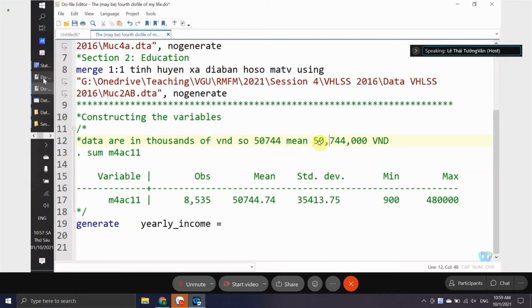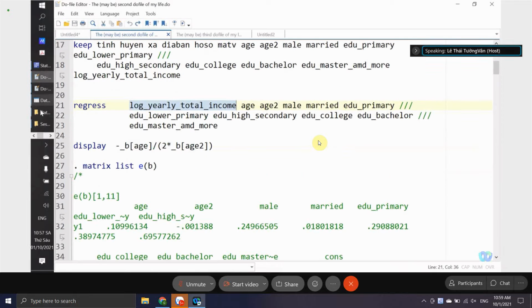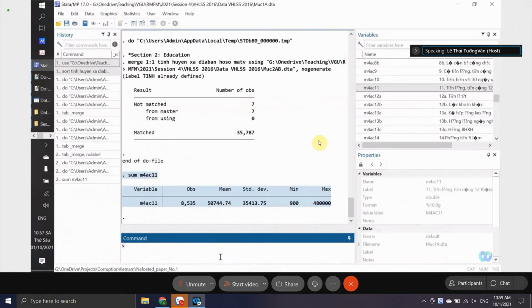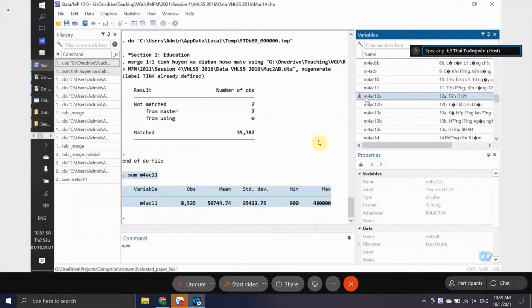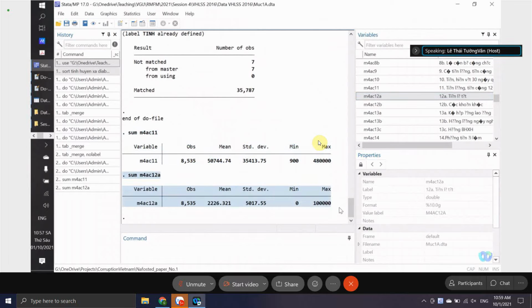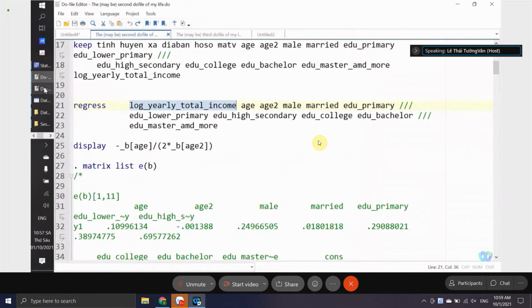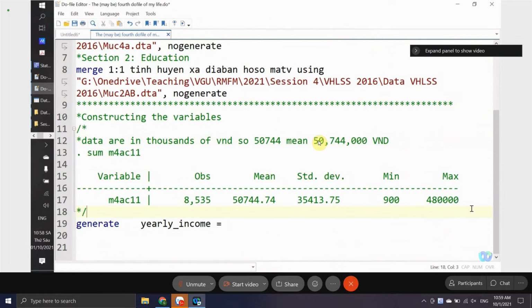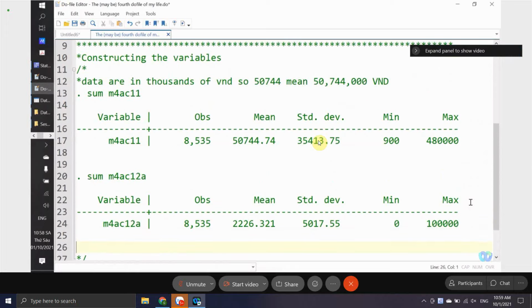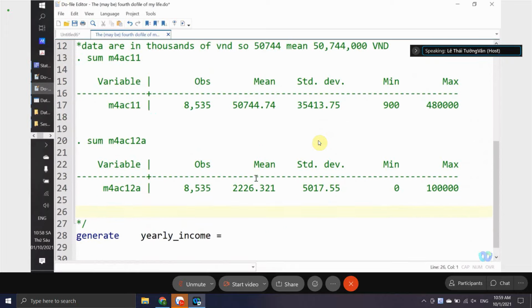Now, ladies and gentlemen, how about the income from other sources? Let's say we make the sum of question 12A, and you will see that the number of observations is the same, but the mean is very different.